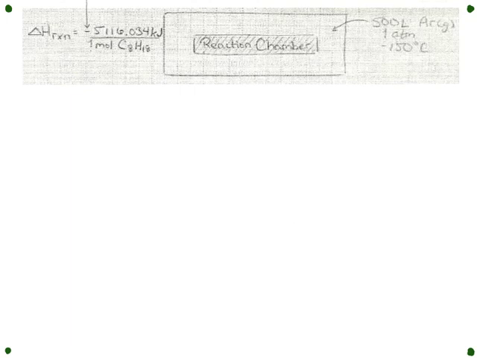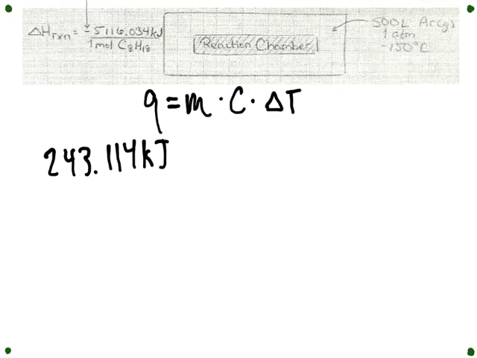This is the part where we whip out our handy heat equations. Q equals m times C times delta T, where Q is heat, m is mass, C is specific heat, and delta T is change in temperature. Well, we know our heat is 243 kilojoules. Notice that this value is positive because now we're talking about the argon gas itself, and the gas is gaining the heat.